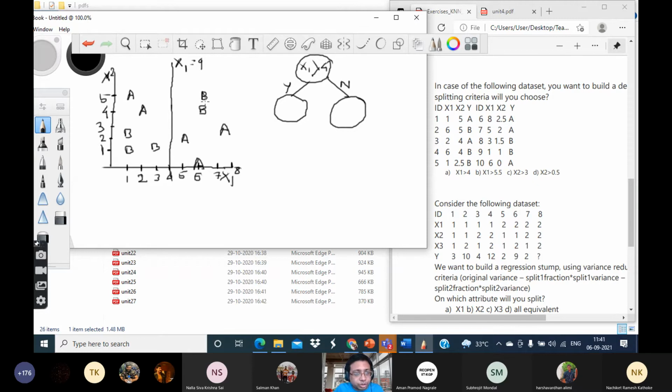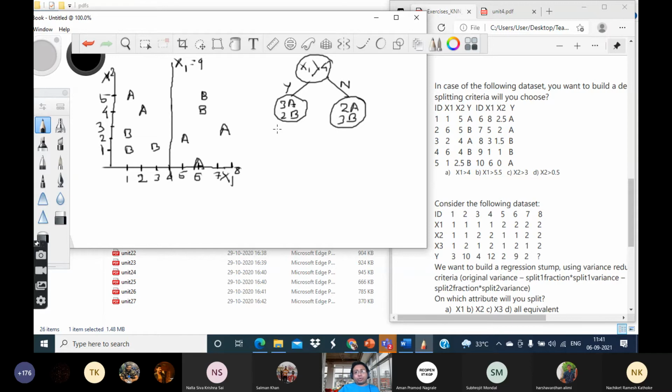If I look at these points, what is the class distribution? I see 3A and 2B. Here on this side, I see 2A and 3B.